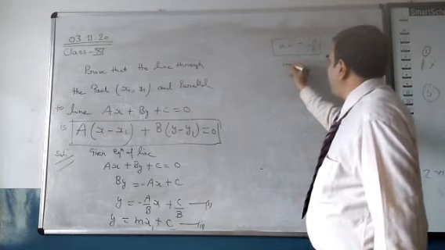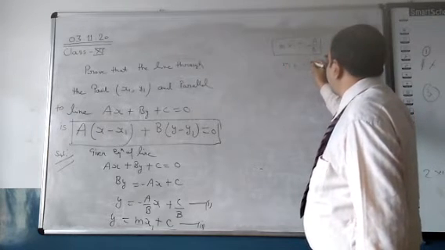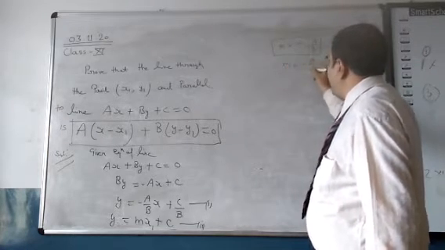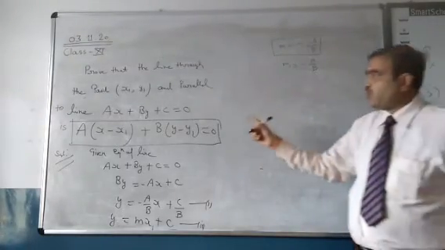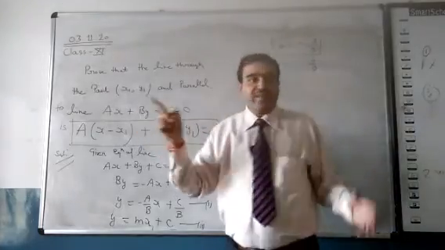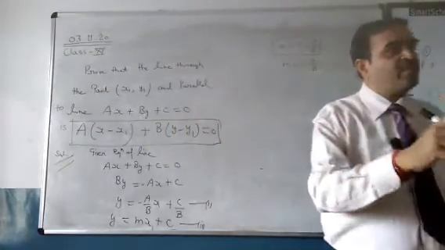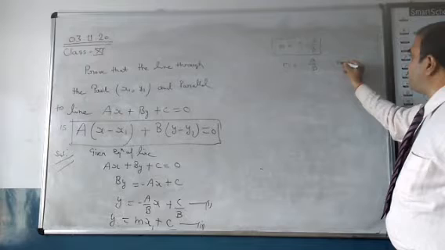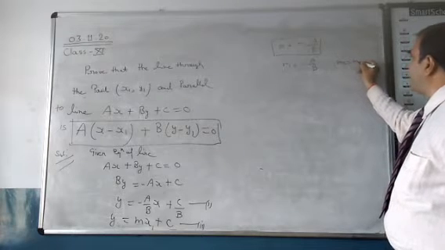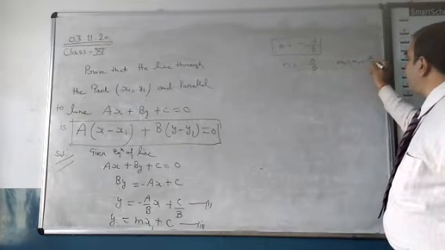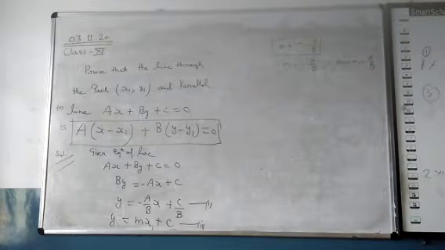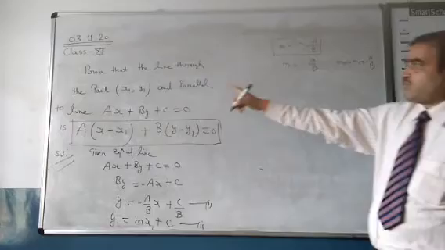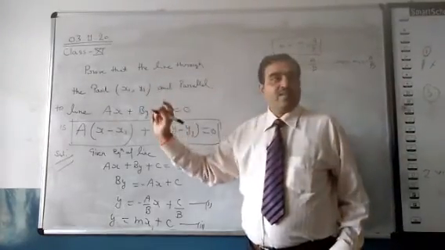Suppose this is m1 for the first line, and the slope of the second line will be m2, and both lines are parallel. It means m1 is equal to m2. So m2 equals m1 equals minus a upon b, and the required line passes through x1 and y1.